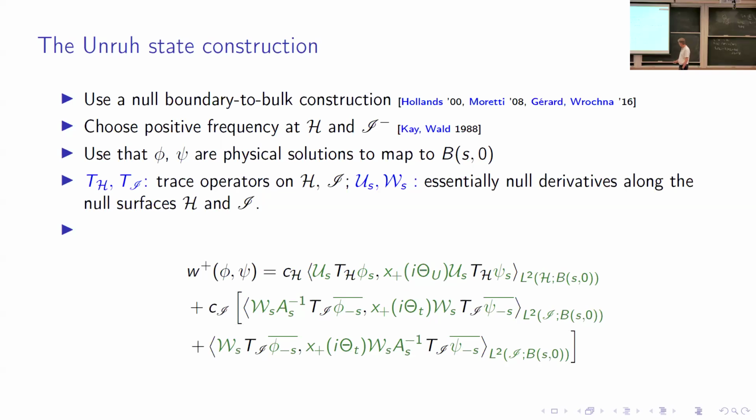And now, because of the Teukolsky-Starobinsky identities, these are essentially null derivatives along the horizon or along null infinity. So we can play around, and this gives the positive expression. These are trace operators, so we have to take the traces at infinity, of course, this is a kind of conformal trace. And this is the good definition of an Unruh state. It's positive, it satisfies the Hadamard condition, everything that you want.